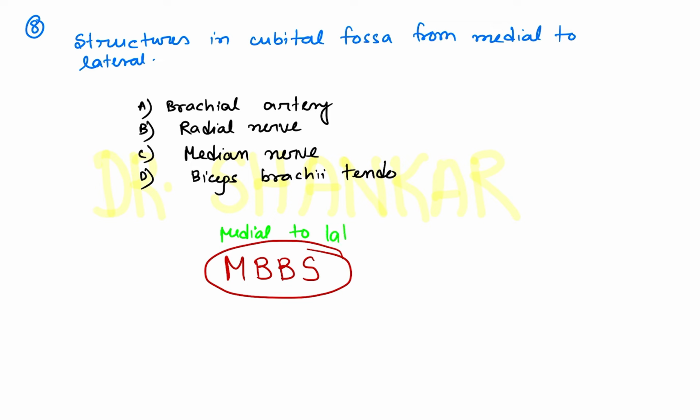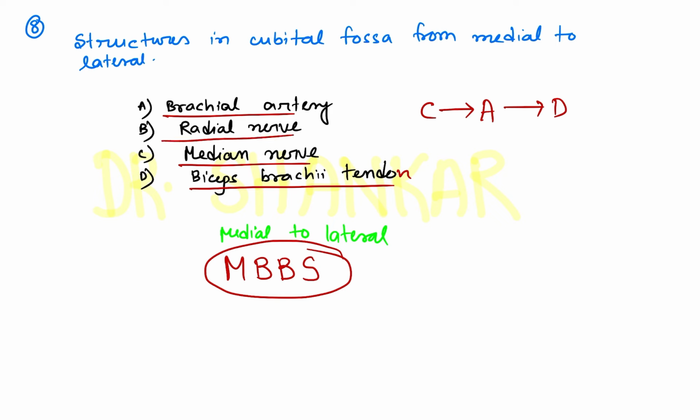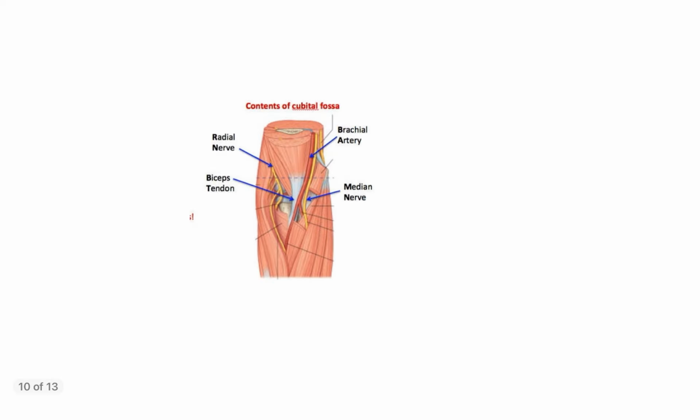First is median nerve, so option C will come, then B for brachial artery, then option A will come, then biceps brachii tendon, so option D will come, then S for superficial branch of radial nerve, so option B will come. So medial to lateral is CADB.